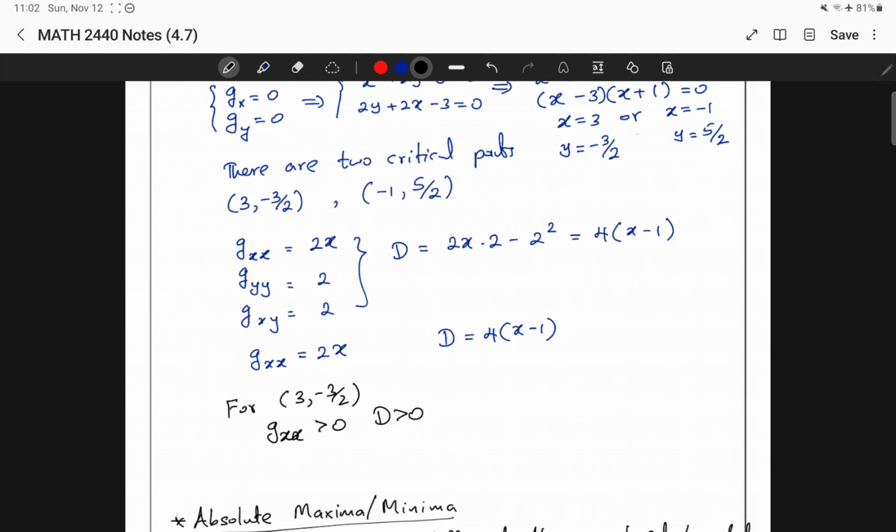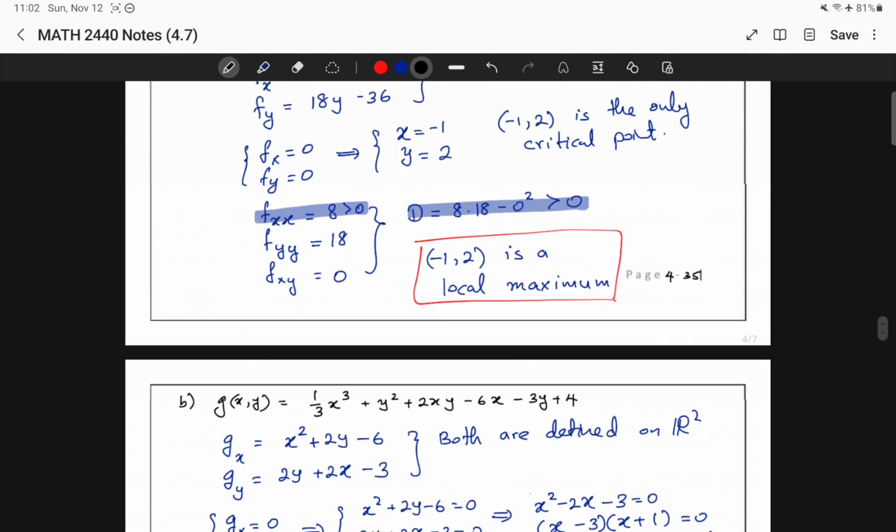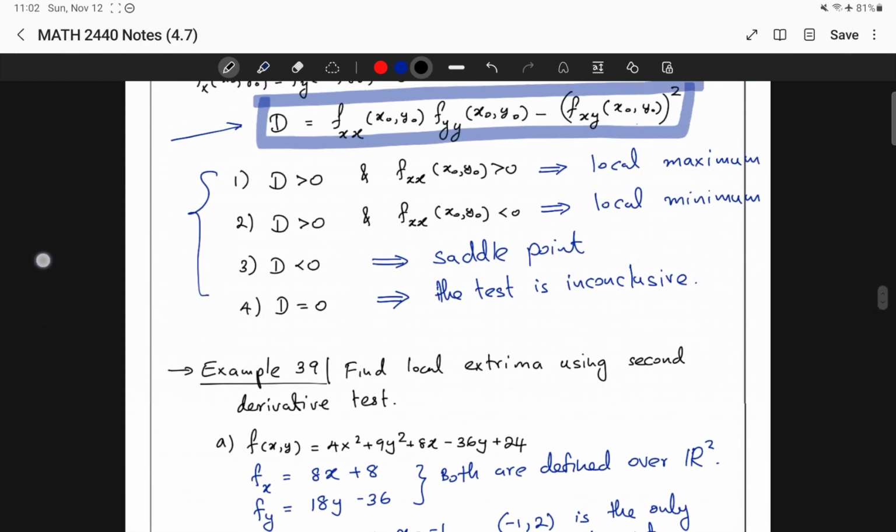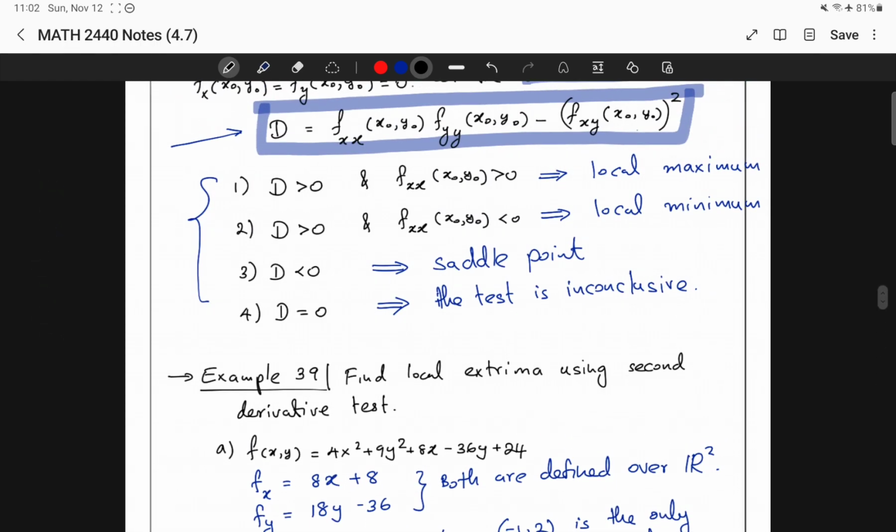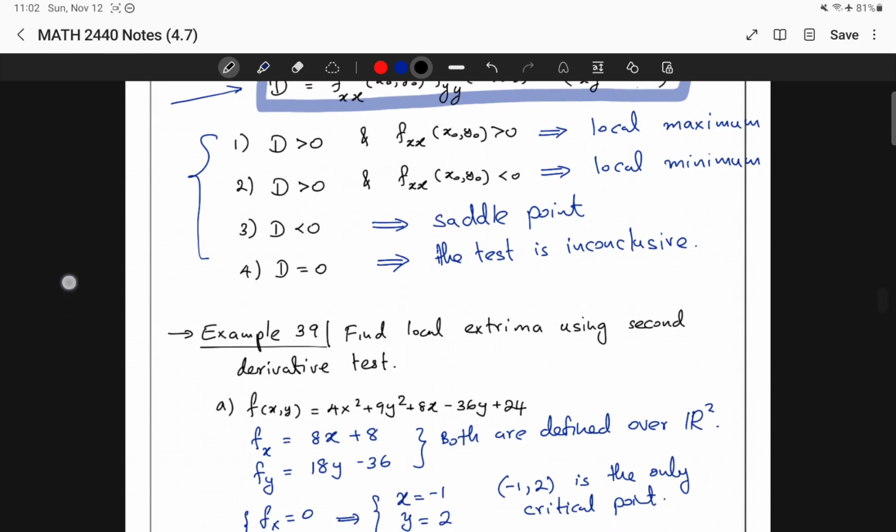That means that point is a local maximum. Okay, so let me go back to the actual theorem and double check it. It's D positive, double derivative positive, it's a local maximum.